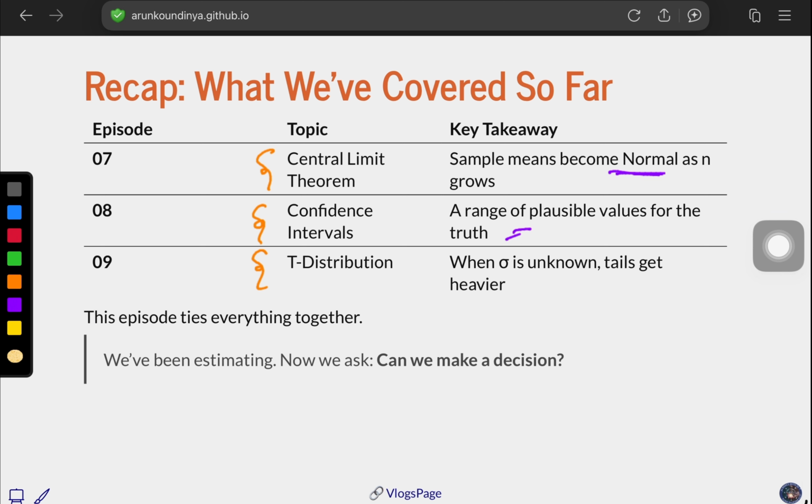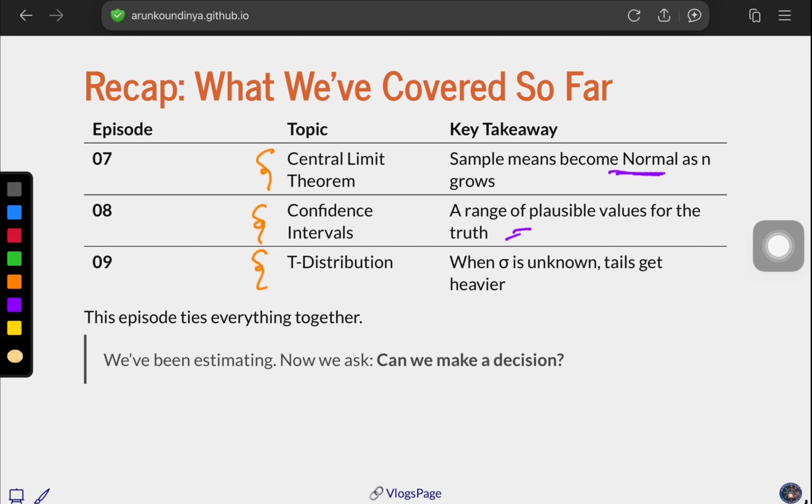This is accounted for by a concept called degrees of freedom. We also saw that as the sample size increases, the t distribution tends to become a normal distribution.